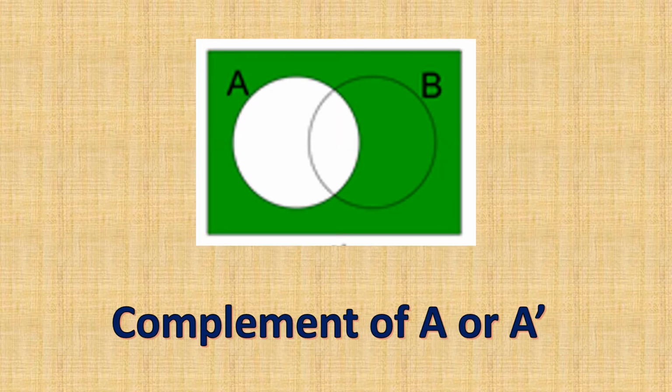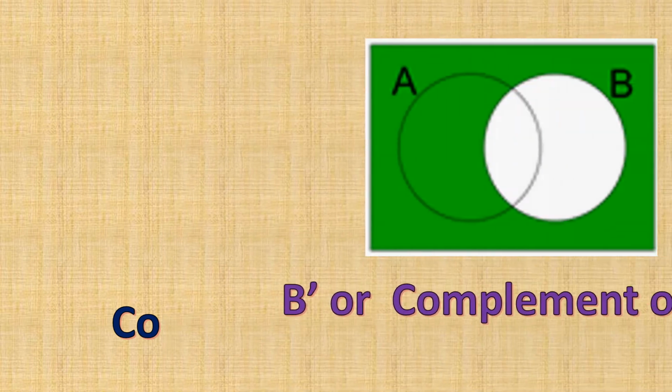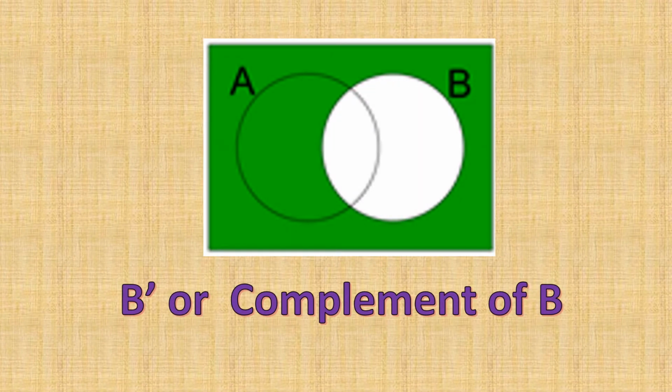Number 5. Elements of U that do not belong to A. This is complement of A or A prime. Number 6.